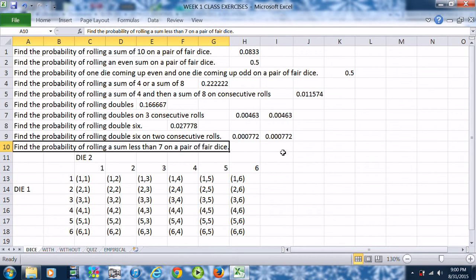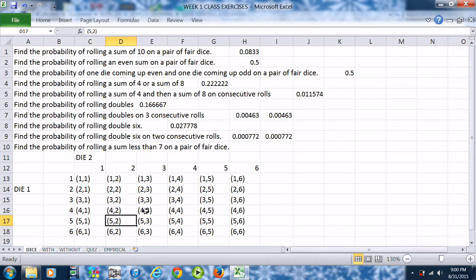Finally, we want the probability of rolling a sum less than 7 on a pair of fair dice. Notice we get sums of 7 here on this longest diagonal. So less than 7, here's 6.